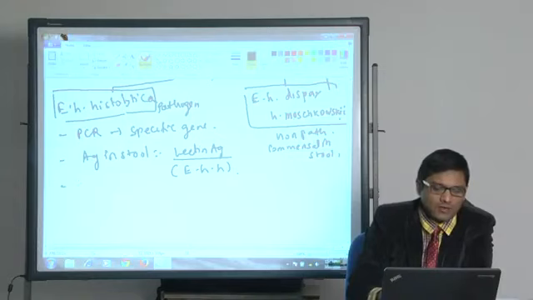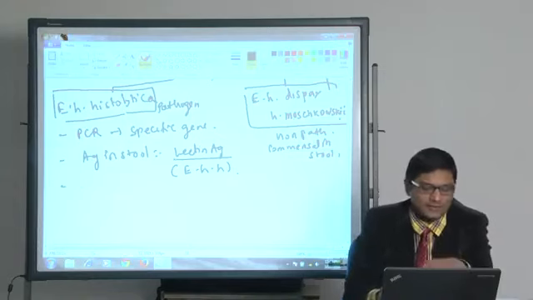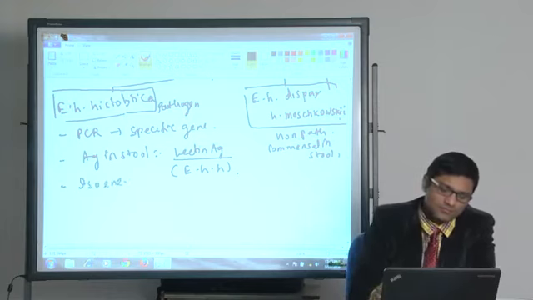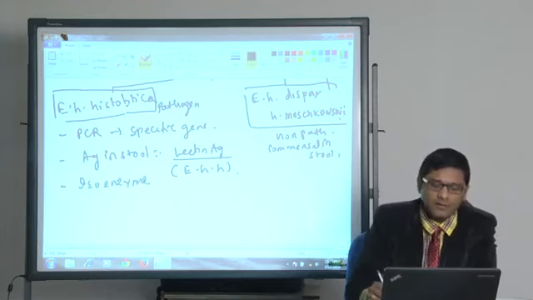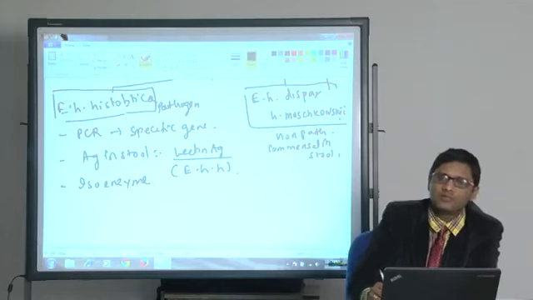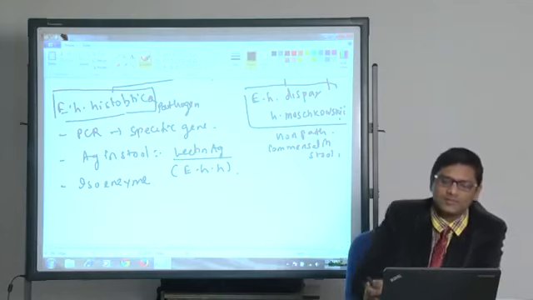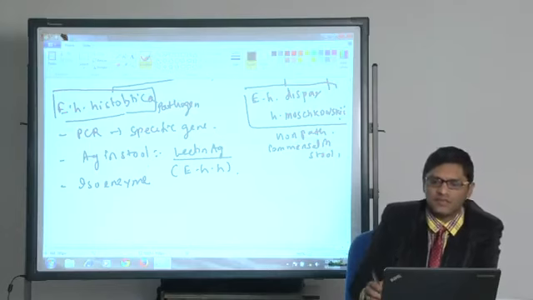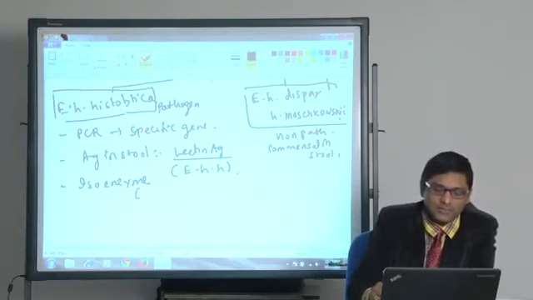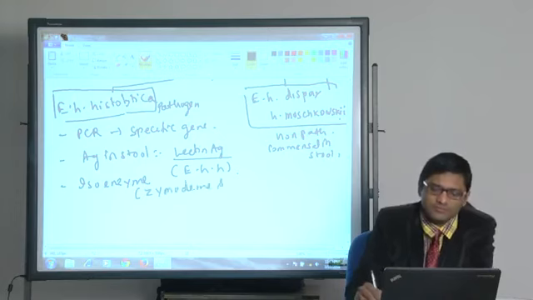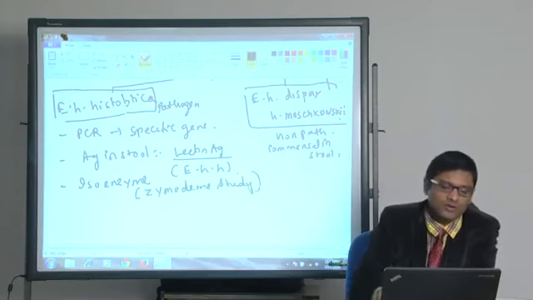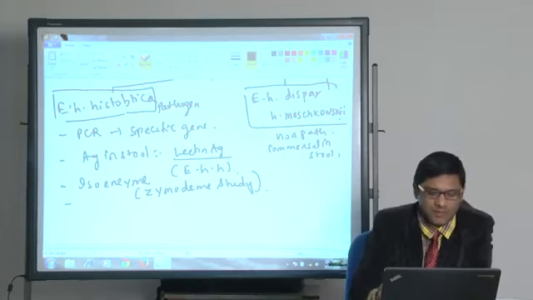Other than that, you can also go for specific isoenzyme detection. Entamoeba histolytica produces various isoenzymes, and the isoenzymes of the 3 subspecies are different from each other. So, specific isoenzyme detection by a study called zymodeme study can be done to detect the respective isoenzymes.